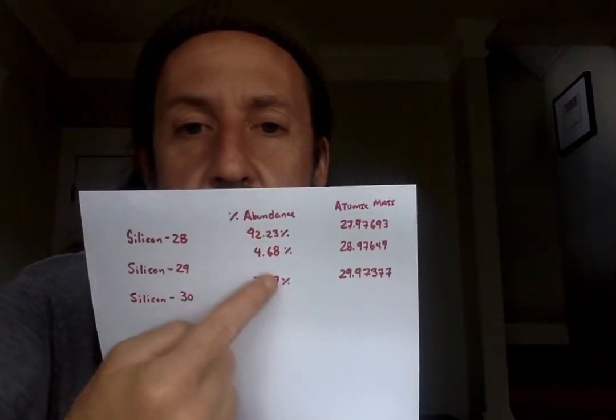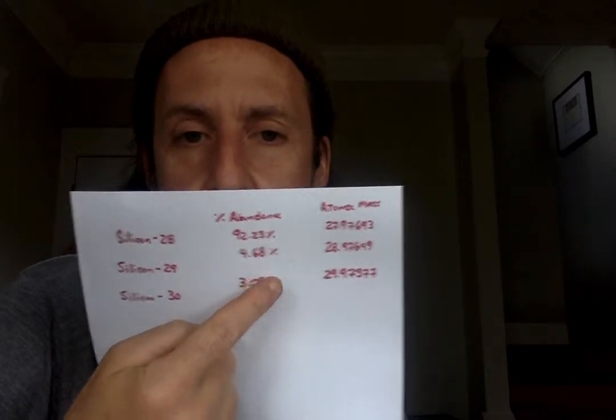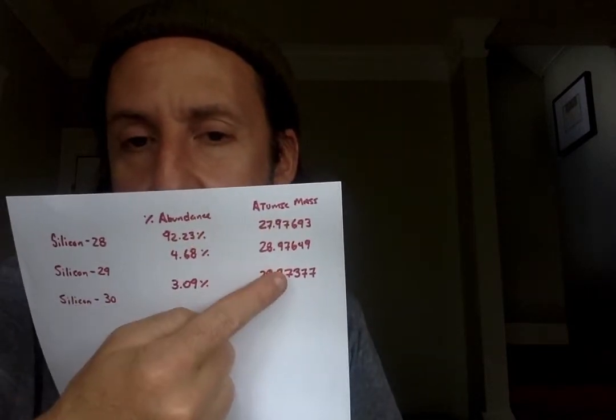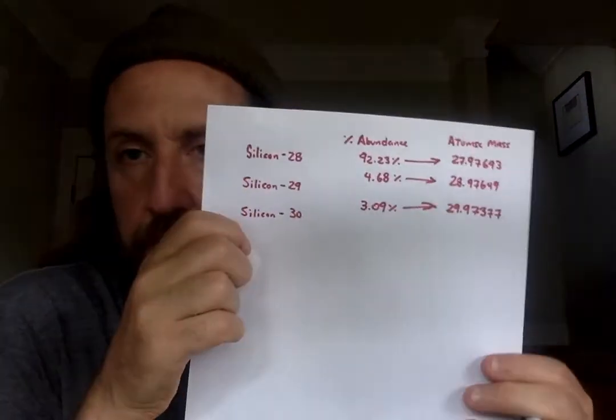We'll make these into decimals, and then we'll multiply them by their mass. So the 92.23 goes to 28. Like that, and it's pretty simple. So it's going to be 0.9223.